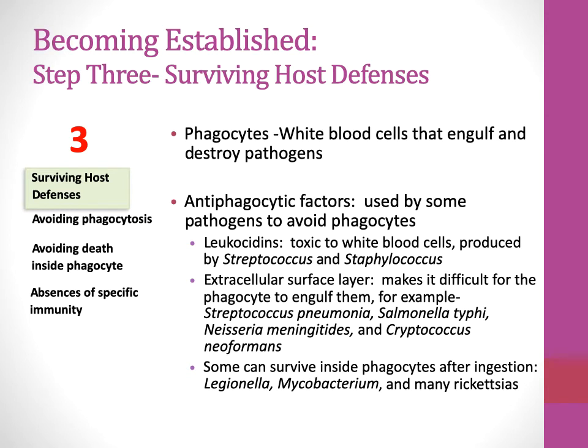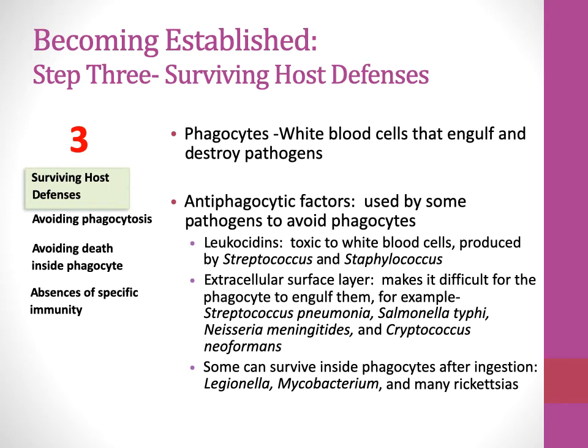So step 3 is surviving the host defense, and a big part of the host defense will be phagocytes. These are white blood cells that undergo the process of phagocytosis, where they engulf and destroy pathogens and foreign material and damaged cells. And for phagocytes, the way to stop them is by producing anti-phagocytic factors.